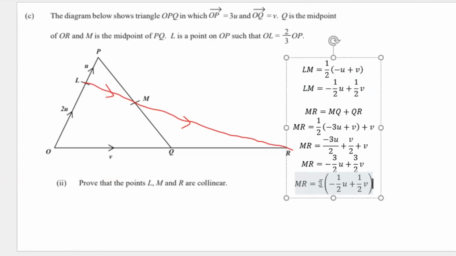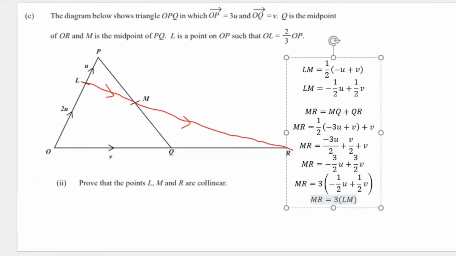If you expand this bracket, as you can see, LM here is equal to what is in the bracket here. So basically, MR was just 3 times the amount of LM. So basically, MR is equal to 3 times LM.